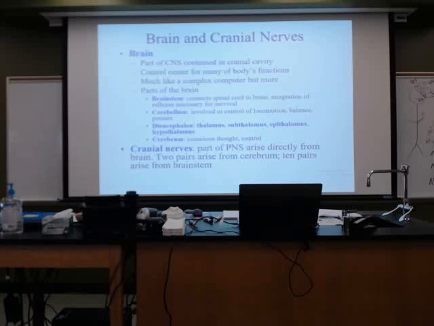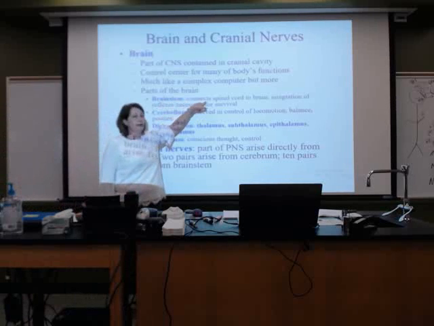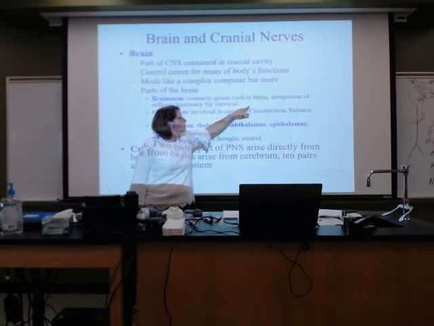The parts of the brain, like we've mentioned: brainstem, cerebellum, my diencephalon, okay, I'm going to stress that a lot, the cerebrum. Now look at what each part does. Brainstem connects my spinal cord to my brain.